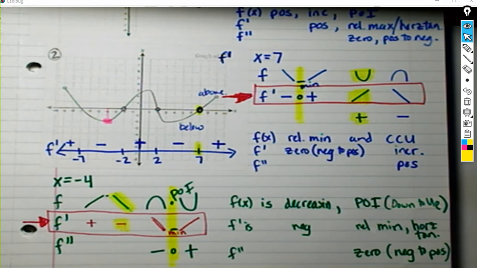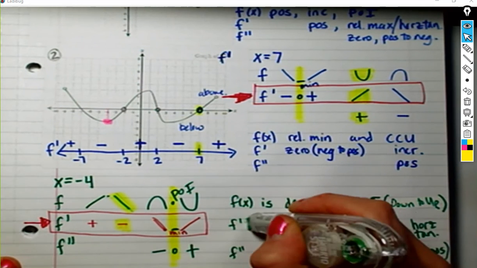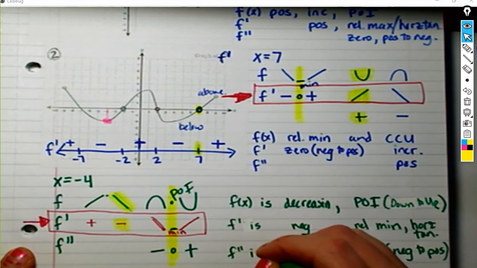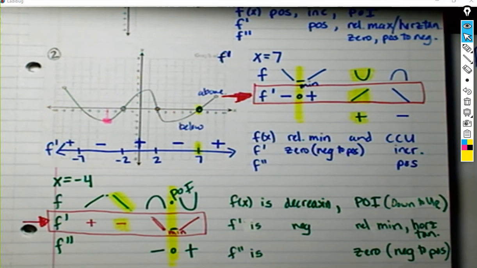F of 0. Where? Is. I got you. Is. There you go. Okay. Double prime?